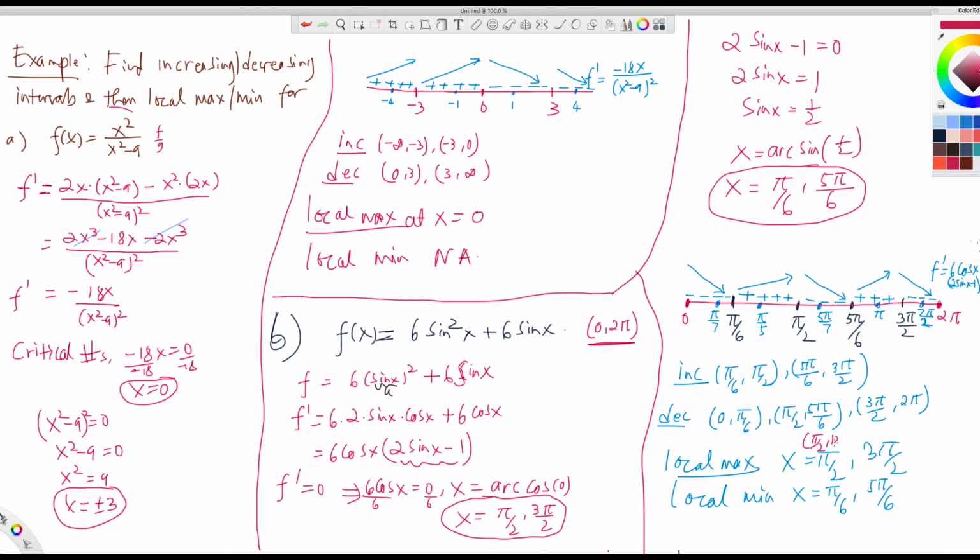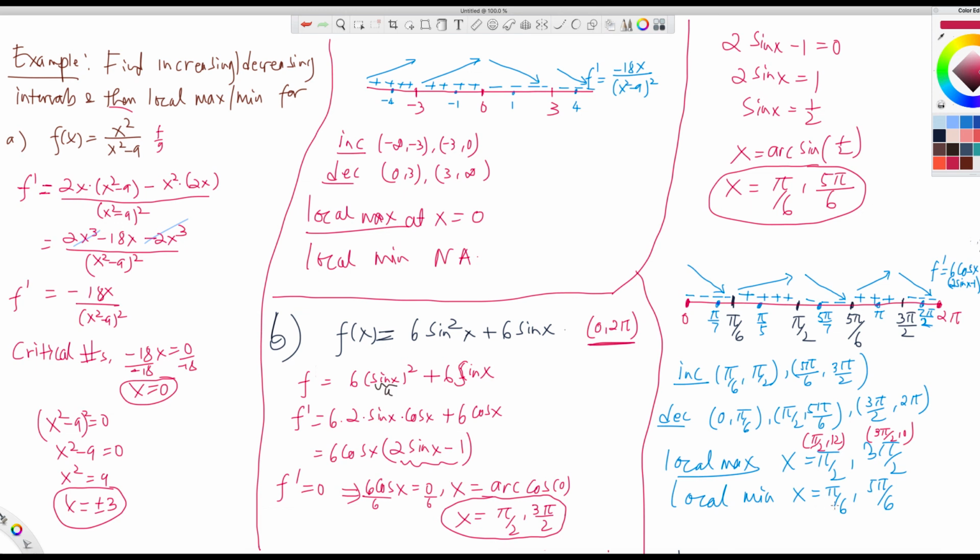So pi over 2, 12. And plug in 3 pi over 2. Sine 3 pi over 2 is negative 1. So 6 times negative 1 squared is positive 6, and then 6 times negative 1 is negative 6. So 6 minus 6 will be 0. So it will be 3 pi over 2 comma 0.